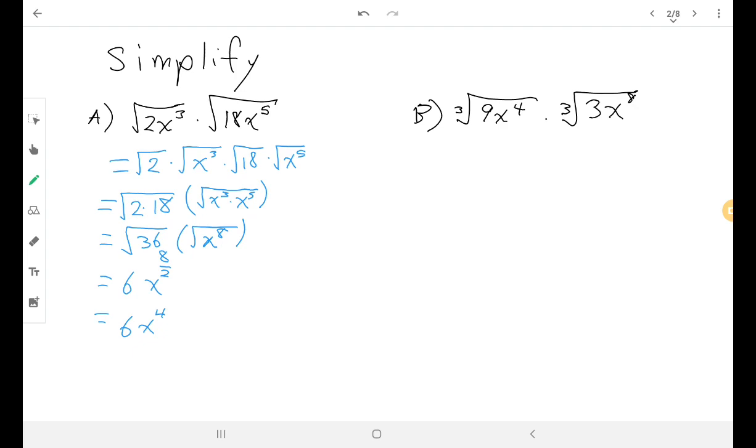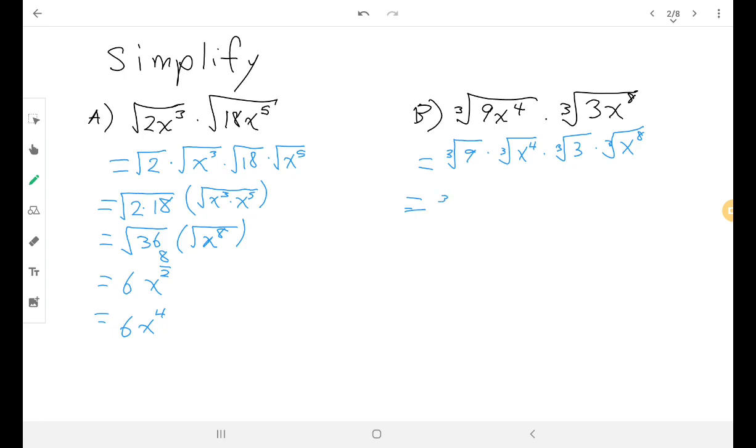All right, so in part B, now we've got cube roots, right? But I'm going to do the same thing. I'm going to split up the numbers and the variables and put things back together and see what we have. So that'll be the cube root of 9 times the cube root of x to the 4th times the cube root of 3 times the cube root of x to the 8th, which now I can take the number parts and combine them back together.